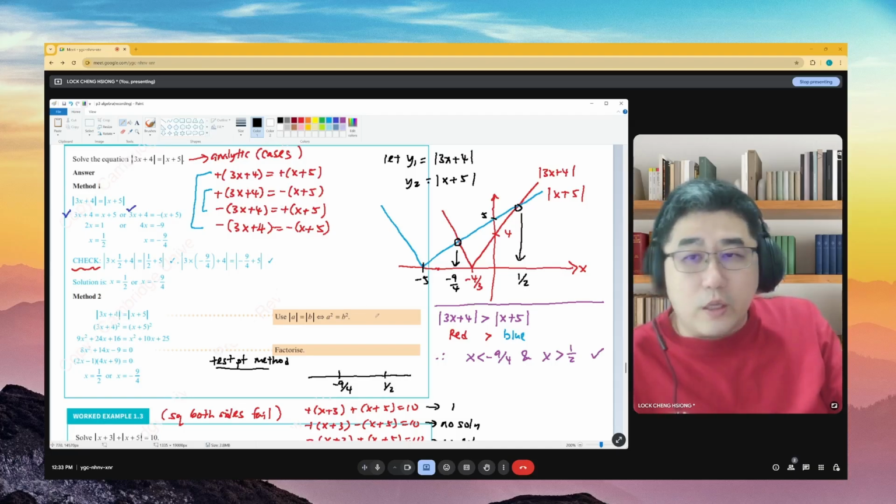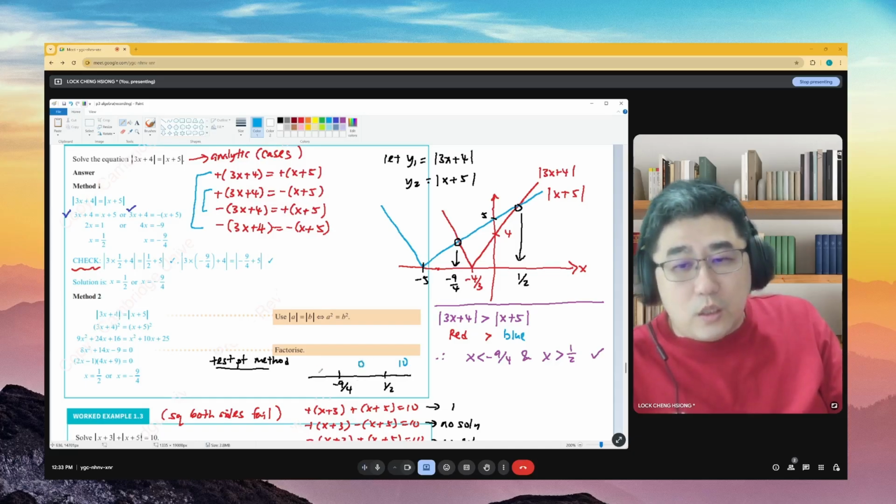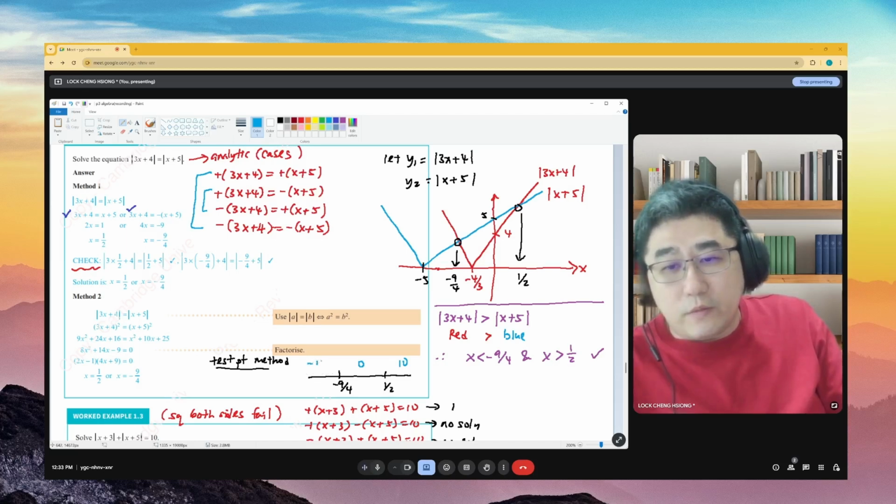Then I test with points. Greater than 1 over 2, let's say I choose 10. In between negative 9 over 4 and 1 over 2, let's say I choose 0. Less than negative 9 over 4, let's say I choose negative 10.